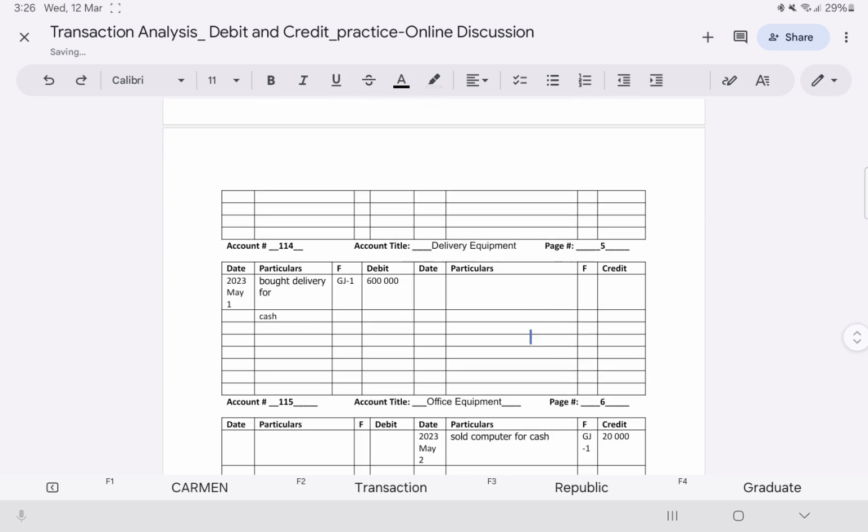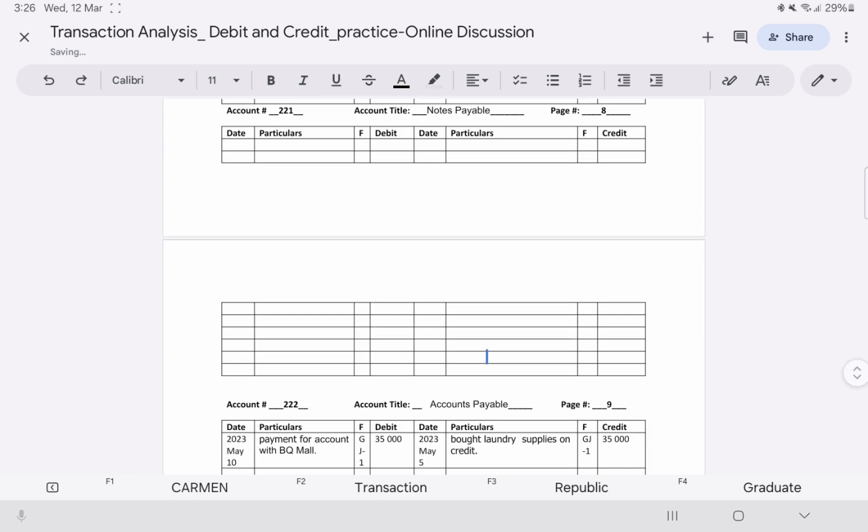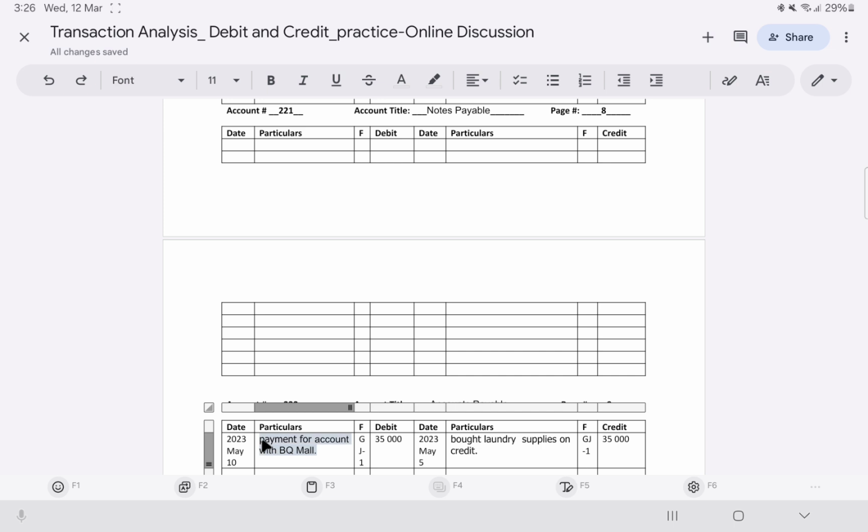I'm going to copy the particulars, the description or the explanation here, since it's the same transaction.